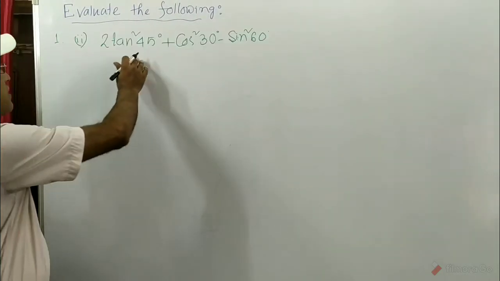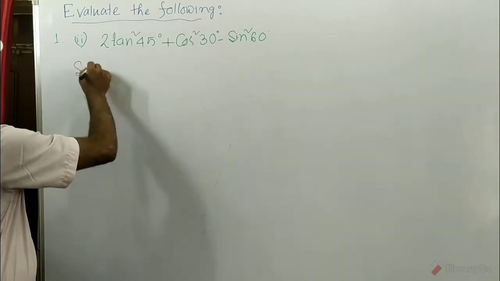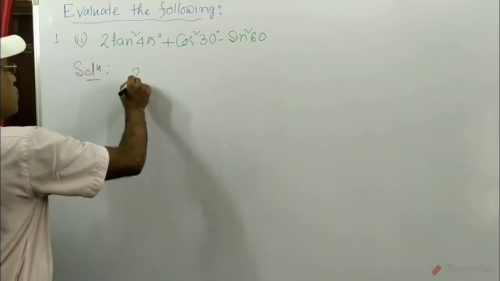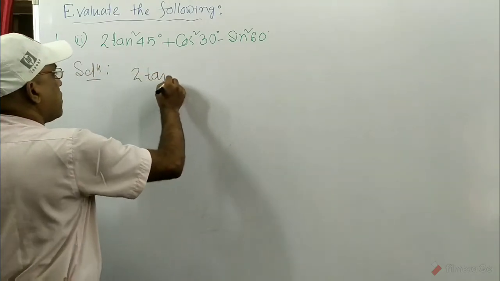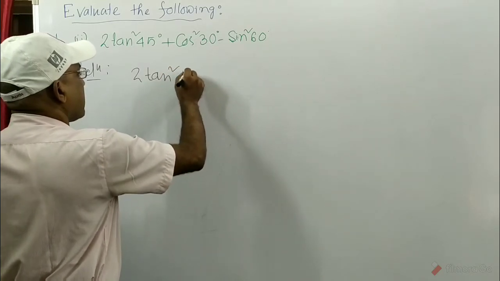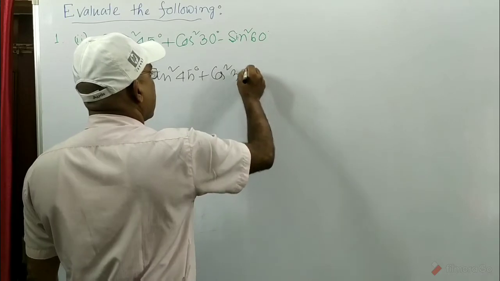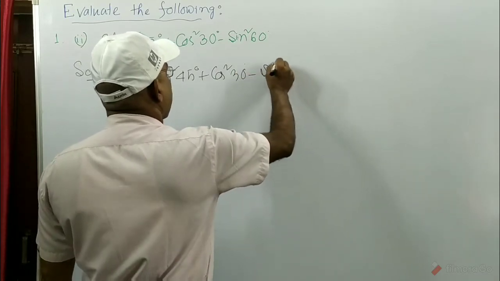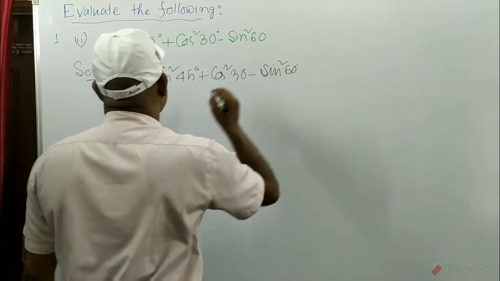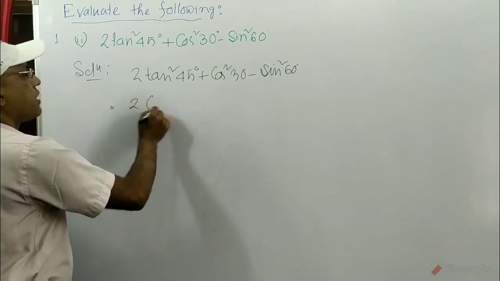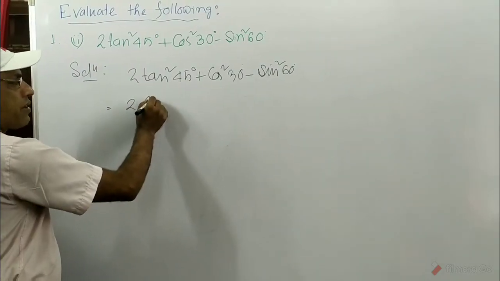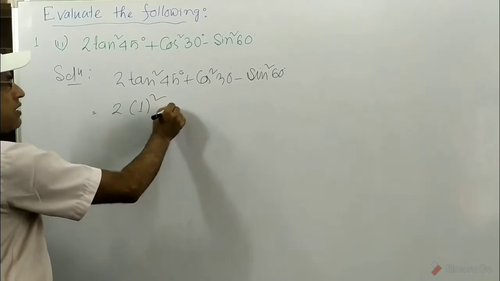So next we consider this problem. In this problem, it is 2 tan square 45 degree plus cos square 30 degree minus sin square 60 degree. So 2 tan 45: from the table, tan 45 is 1.